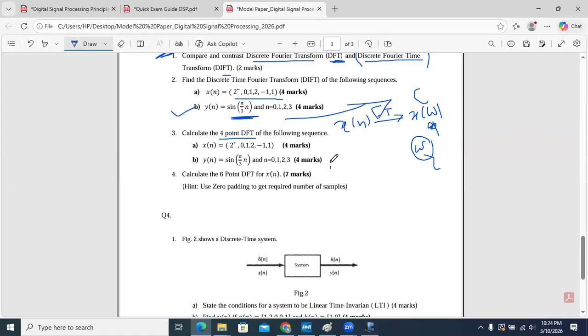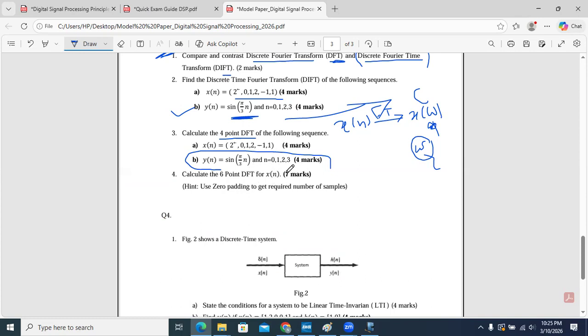So you can see that here also the same thing you need to do. You can apply the value of n here, then you can find the sequence in this way, then you can find the 4-point DFT. Actually, the 6-point DFT is also done the same way. Zero padding means, for the 6-point, here we have 1, 2, 3, 4, 5, 6 points of xn.